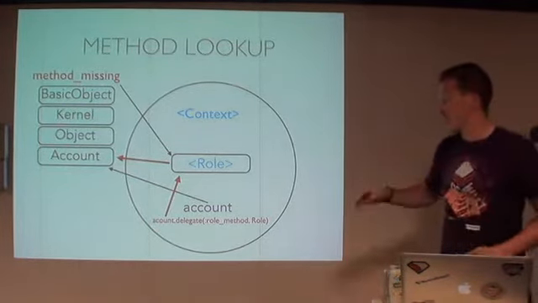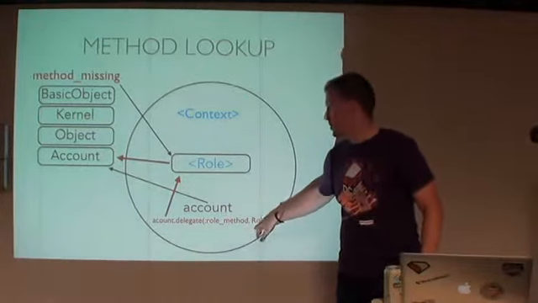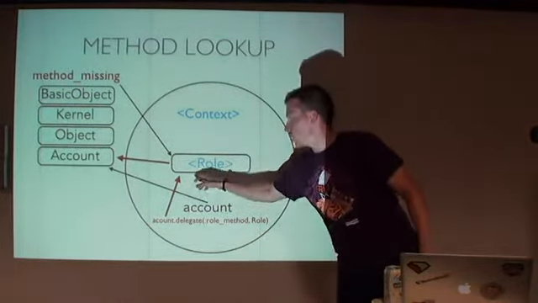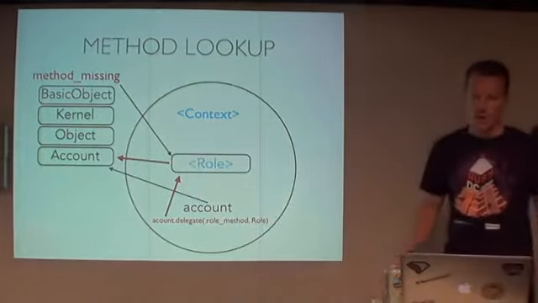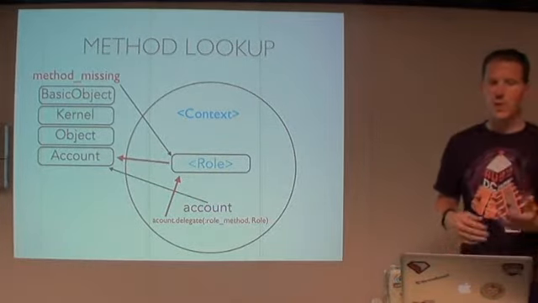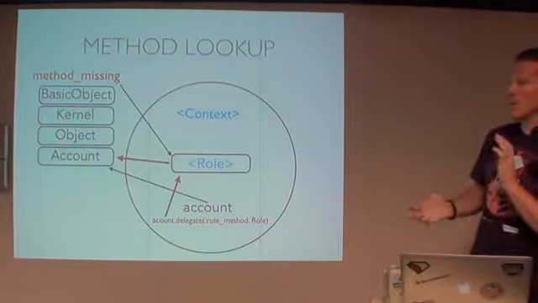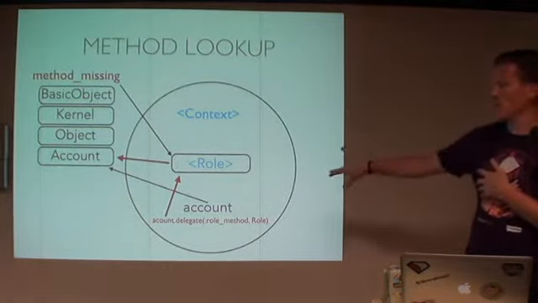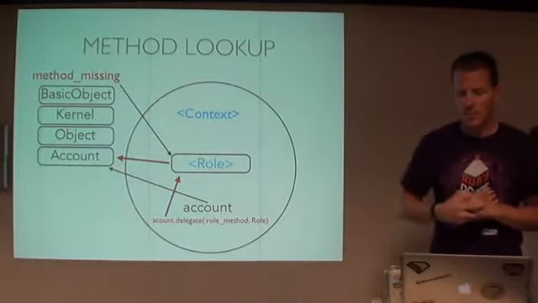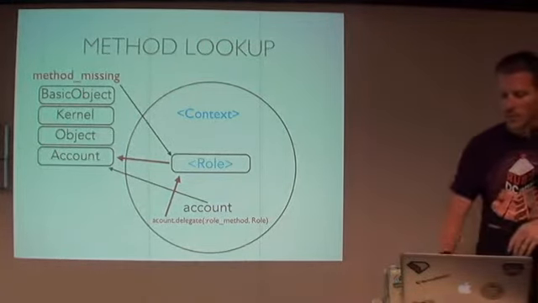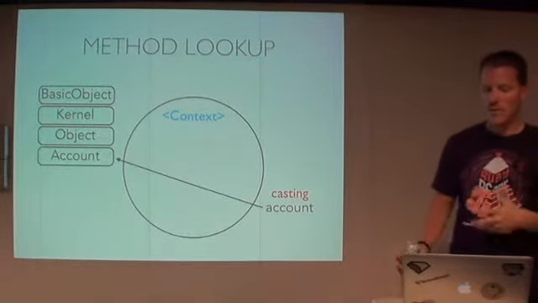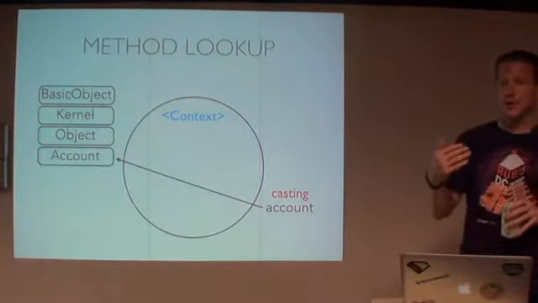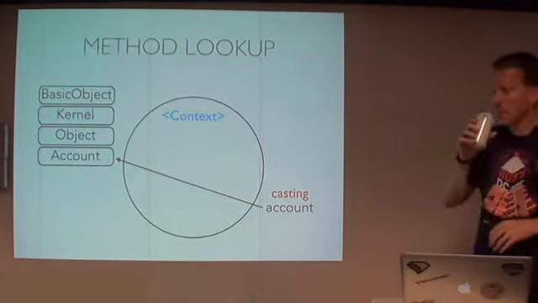We can call delegate whatever the role method is and pass in the role, but it requires that we do it manually. And the method lookup will go the way that we want it to. So there might be some ways that we can change that so that we maybe mark any of the methods that come from role to be first delegated and then sent out. But the benefit of that is that outside of context, the account goes back to the way it used to do things.